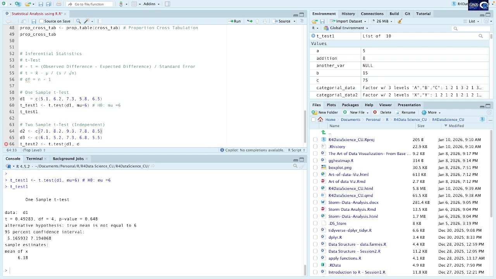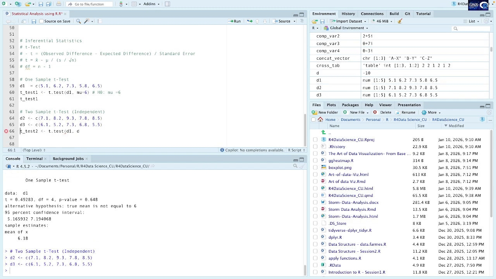So I'm creating D2 and D3, and I can use the test as t.test d1 equal to d2. Our hypothesis will be d1 mean equal to d2 mean, mean of first data set equal to mean of second data set.